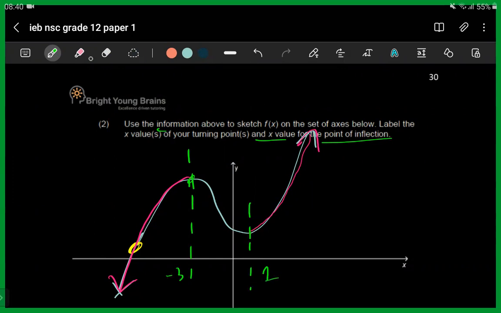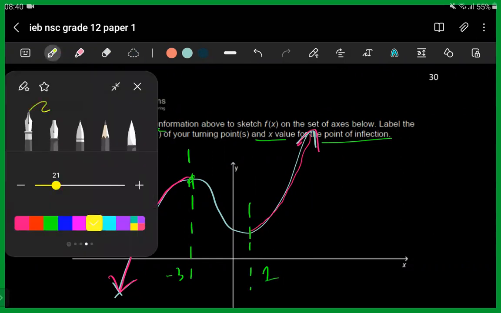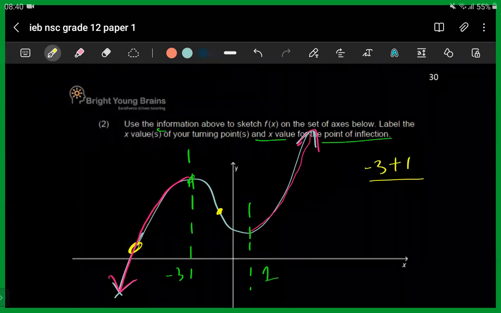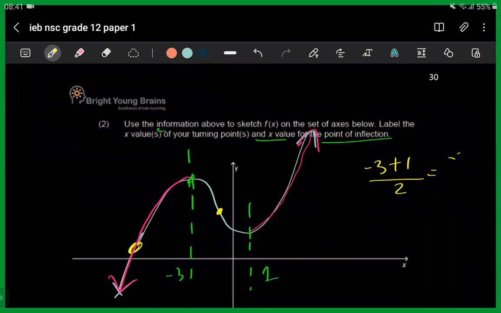The point of inflection is going to be in the middle of the two x values of your turning points. So you're going to find the middle of negative 3 and 1. You add those up, you divide by 2. It's going to give you negative 2 over 2, which is negative 1. So there you go, this is negative 1.